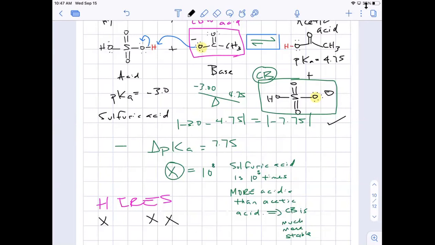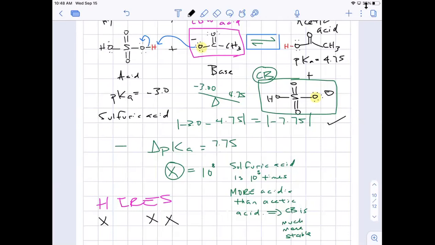So that's what we're comparing when we're determining why the pKa of acetic acid is what it is and why the pKa of sulfuric acid is what it is. Does that make sense? So we'll always compare the base and the conjugate base when we're trying to figure out the difference in the pKa, because pKa is loosely based on the stability of the conjugate base.